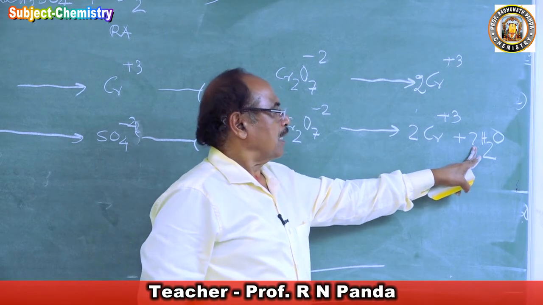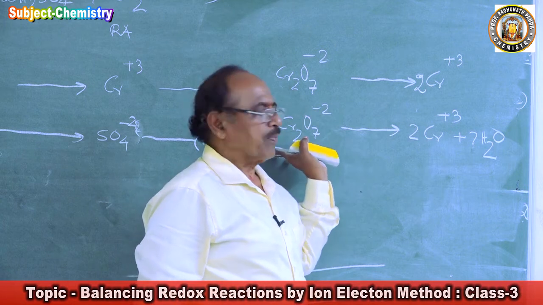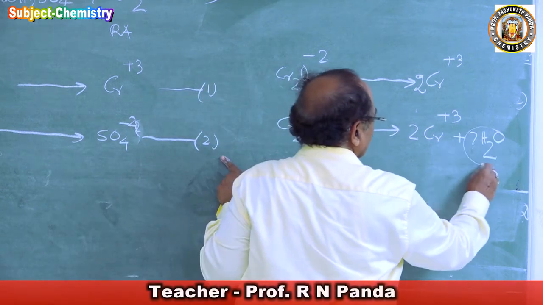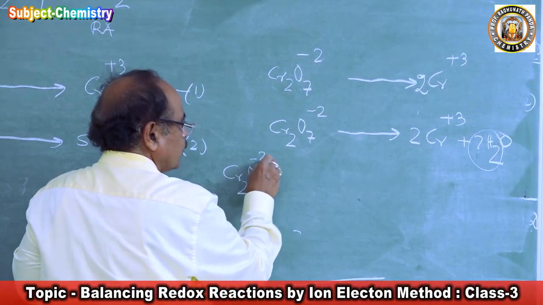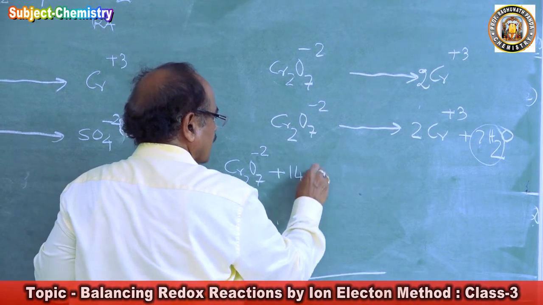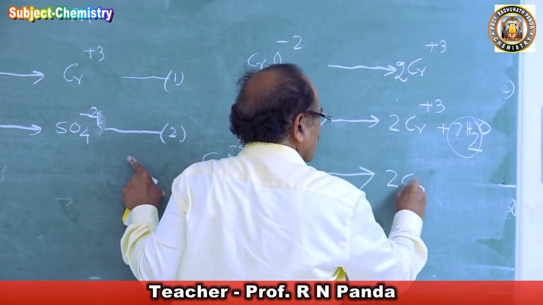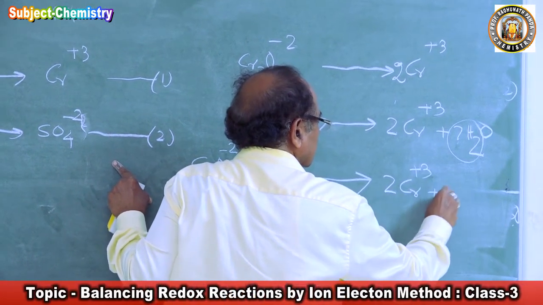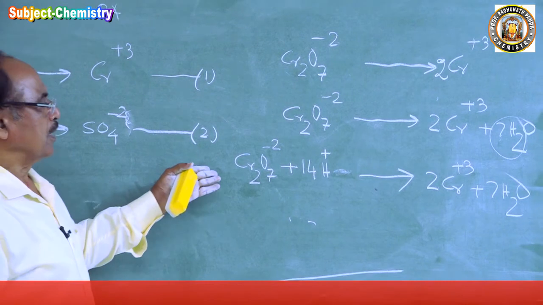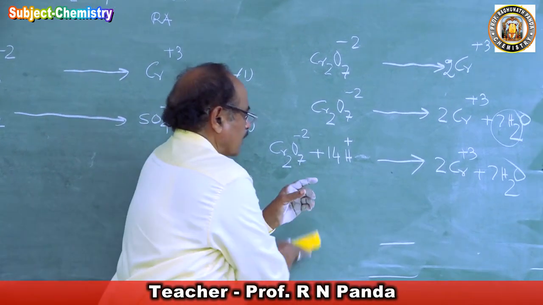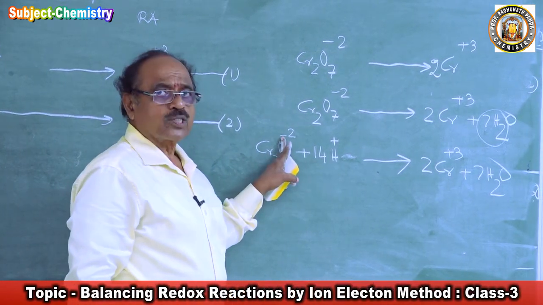Then balance the hydrogen atoms by adding hydrogen ions on the other side. How many hydrogen atoms here? 14. So Cr2O7 minus 2 plus 14 H plus will give us 2 Cr plus 3 plus 7 water. Then balance the charges. Left side: 14 plus minus 2, 12 positive.